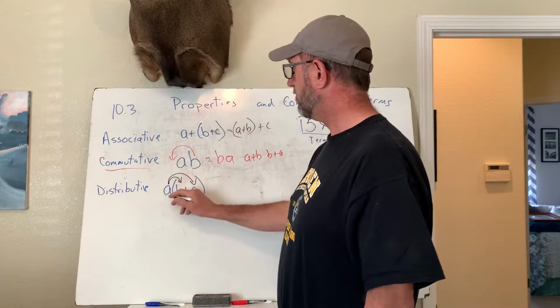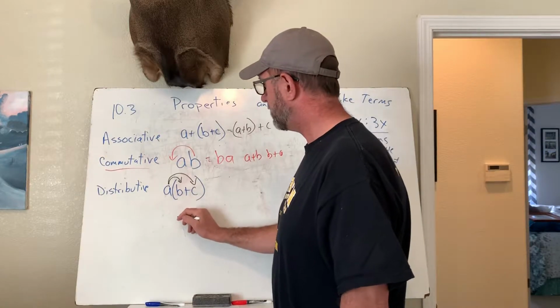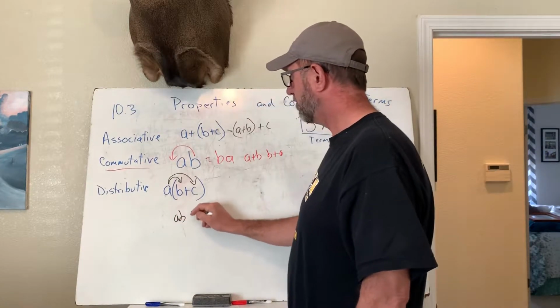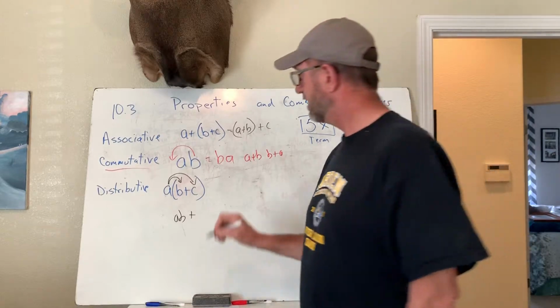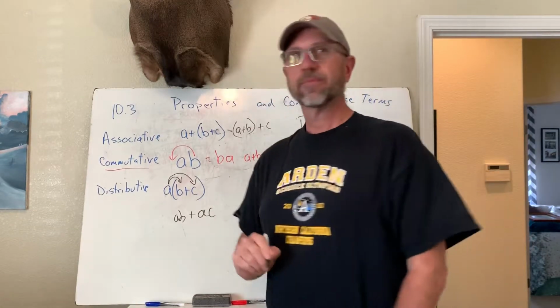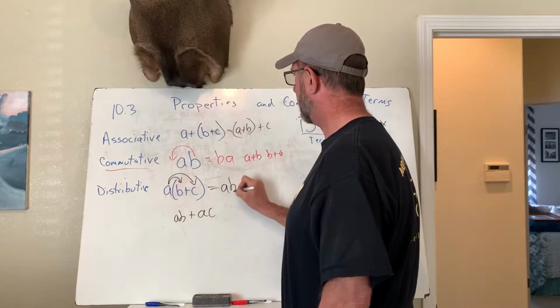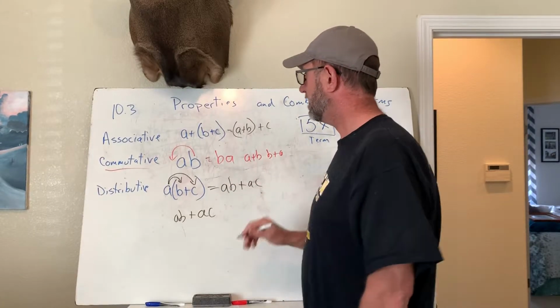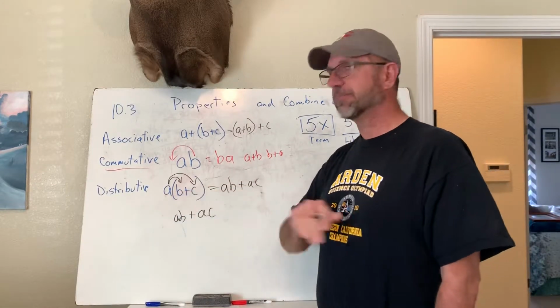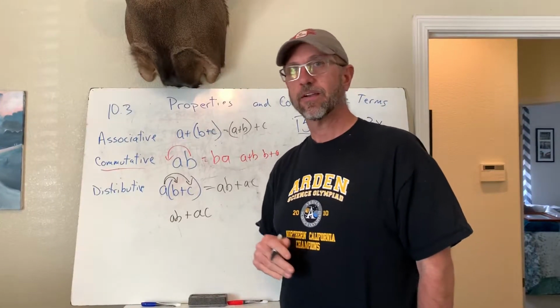So A times B is AB, plus A times C is AC. That is equivalent: AB plus AC is the same as A times (B plus C), okay?